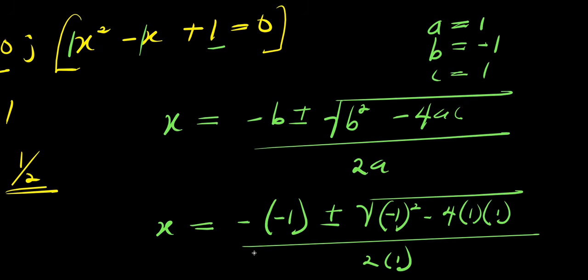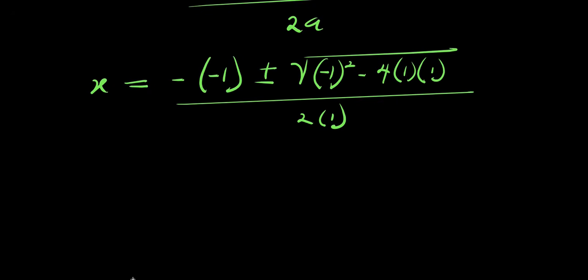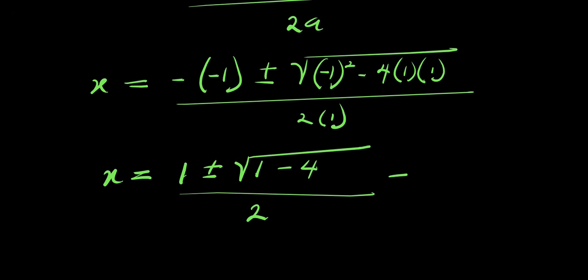So from here, you have x equals, this is 1 plus or minus the square root of 1 minus 4, divided by 2.